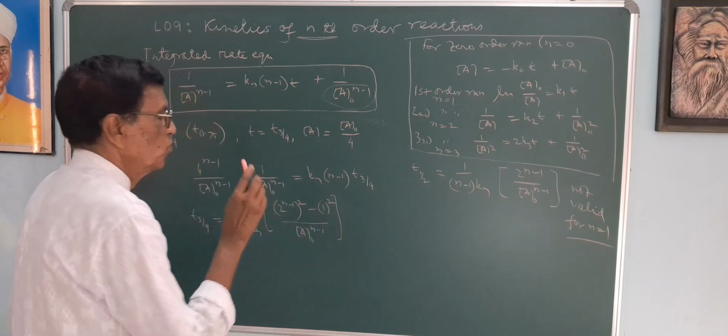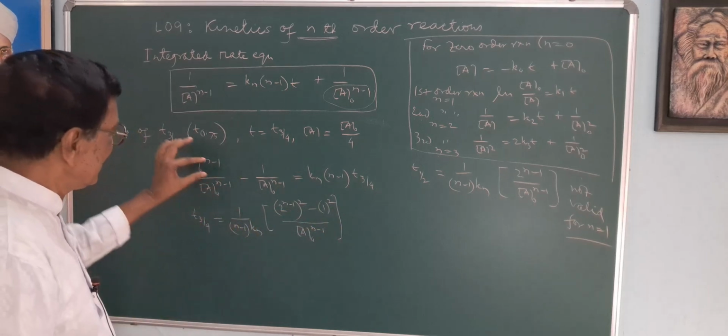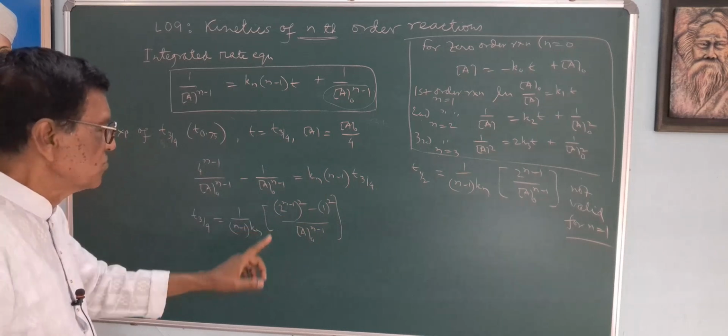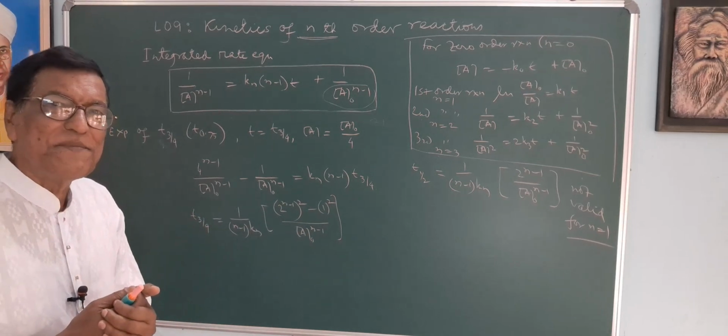You can write this as a square minus b square, which equals (a plus b) into (a minus b).